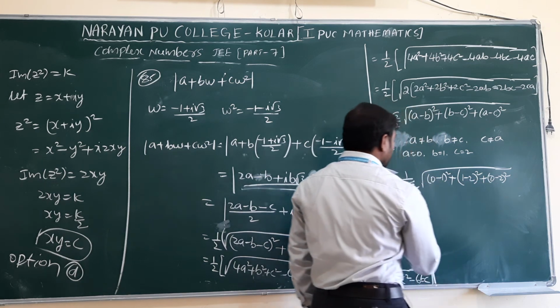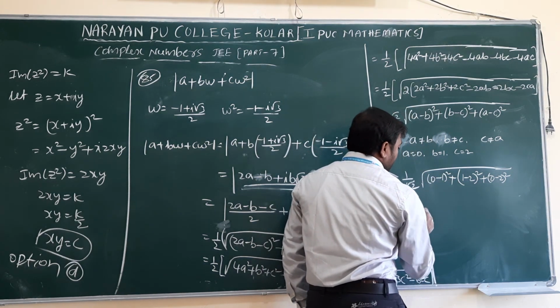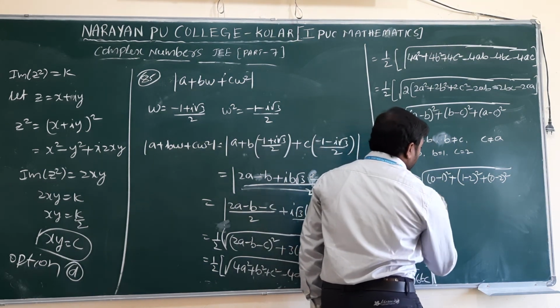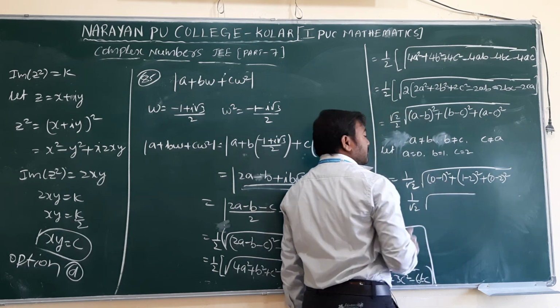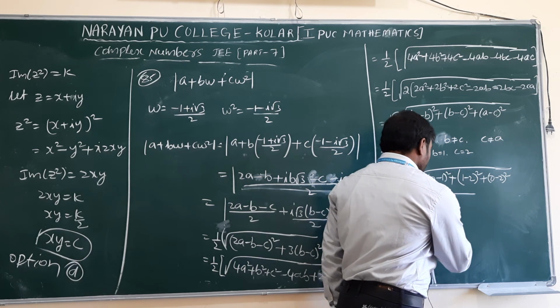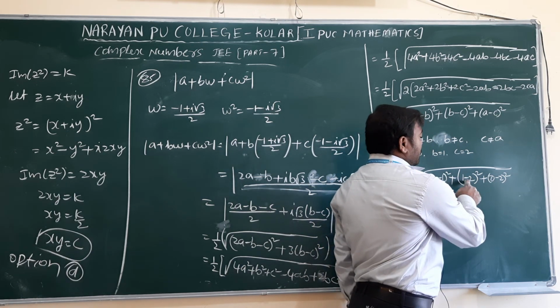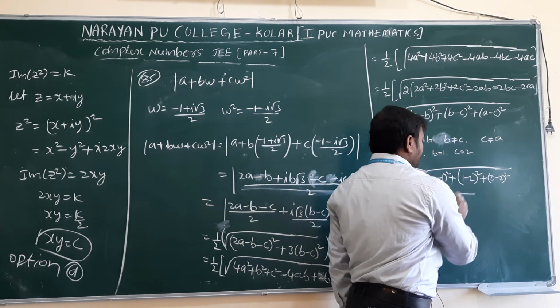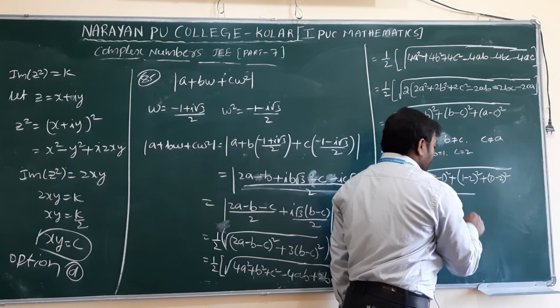Here 1/√2 square root of (0 - 1) whole square, 1, plus (1 - 2), also 1, plus 4.